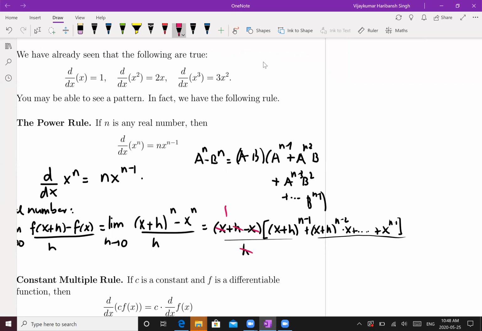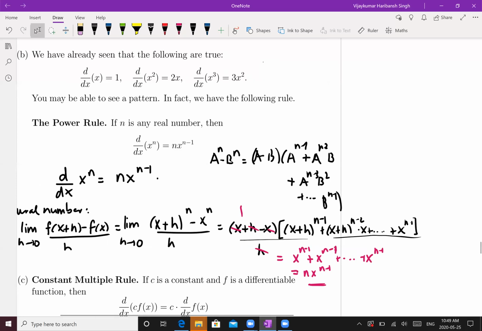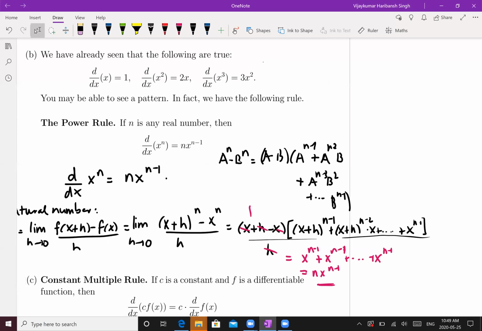When you put h equals 0, you will get x to the n minus 1. The second one is x to the n minus 2 times x, which is again x to the n minus 1. And there are n of these. But this proof is only valid when n is a natural number. If n is not a natural number, this will not work.